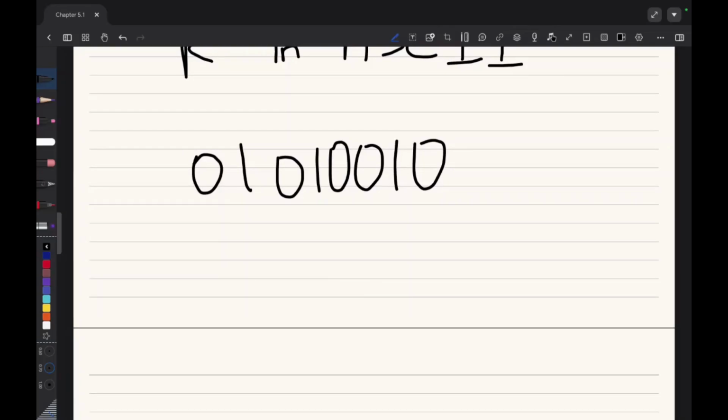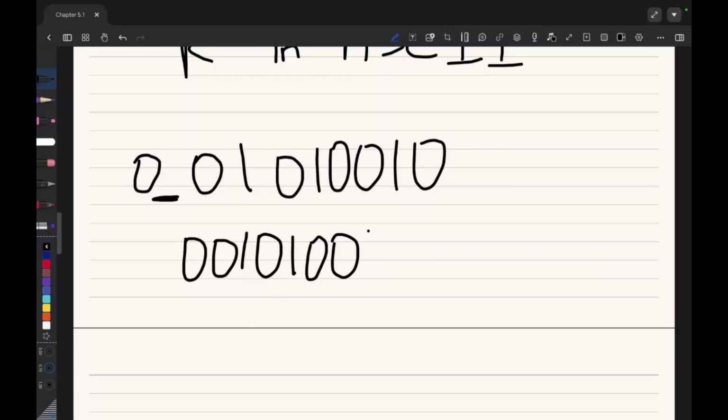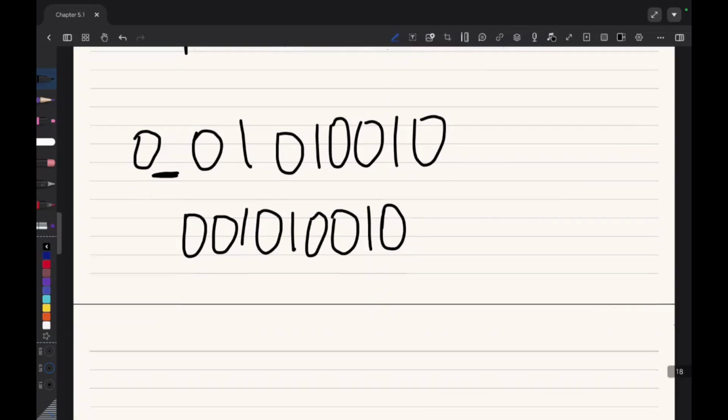Do we have an odd number of ones? Yes. Then right here you're going to add a 0. All right, then the new binary representation of this one is going to be like this. All right, this is how it is.